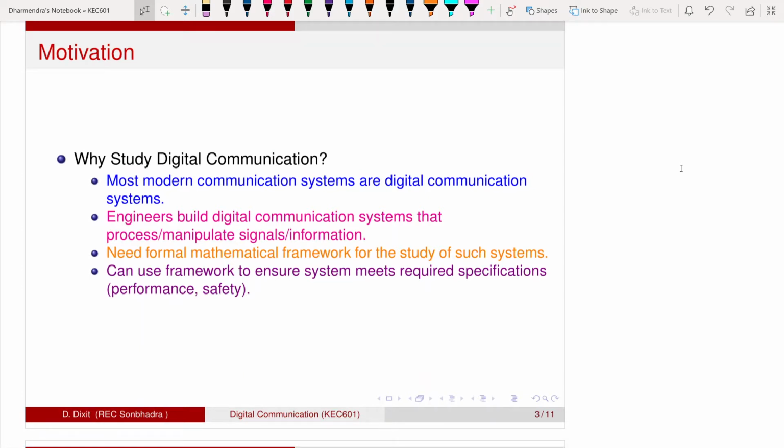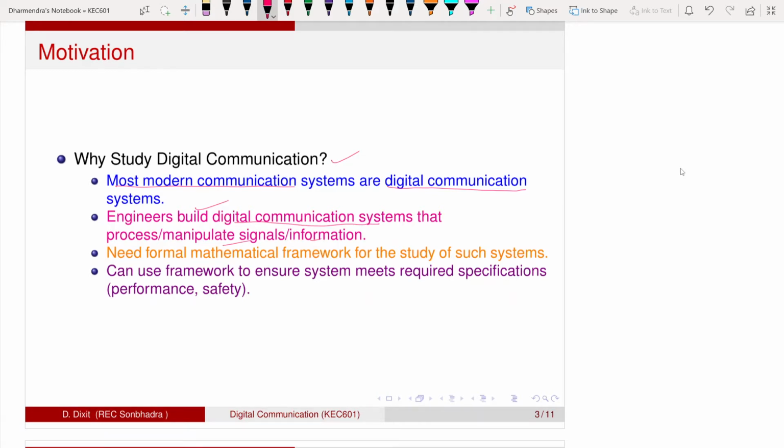In the mind of every student, the first question that comes is: why study digital communications? The answer is this: most modern communication systems are digital communication systems. We are living in the digital communication era. As we know, engineers build digital communication systems that process or manipulate signals or information.